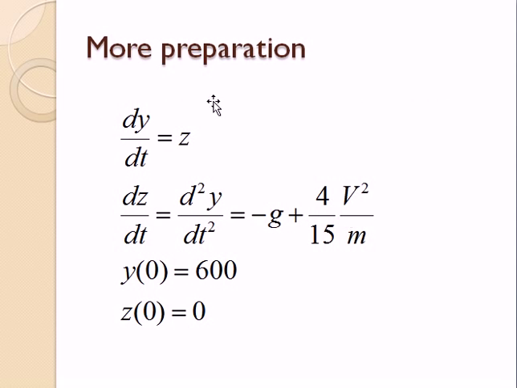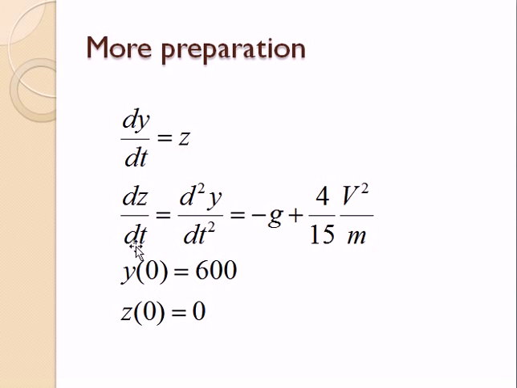So here's how it works. We set dy/dt equals z. That's our first order equation. It's a first order equation, y dot, which is a function of t and y and z. In this case, it's independent of t and y, so it's just dy/dt is z. If we take the first time derivative of this, we get d squared y/dt squared is dz/dt.